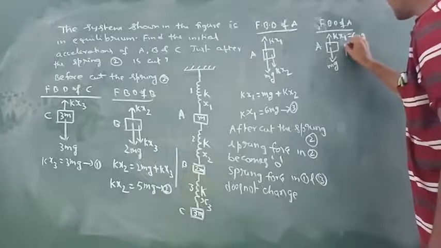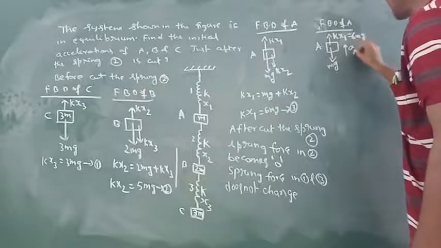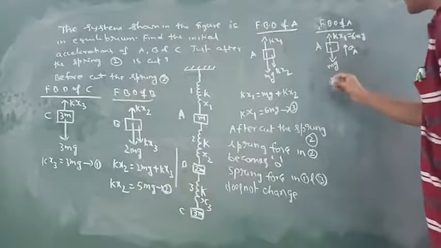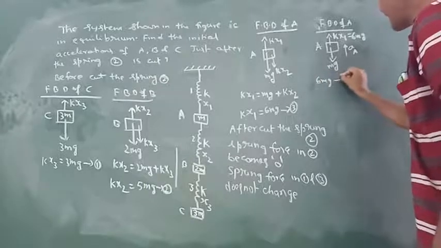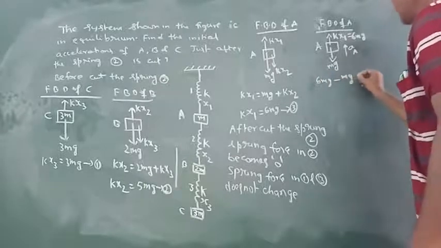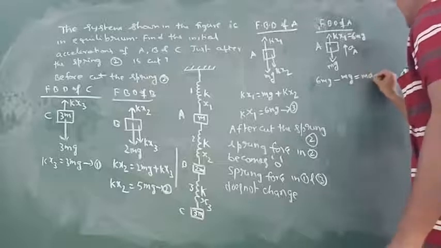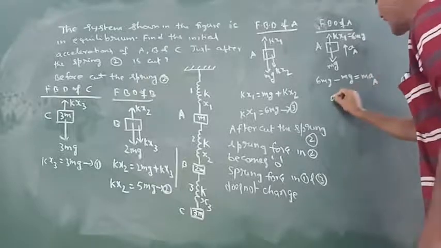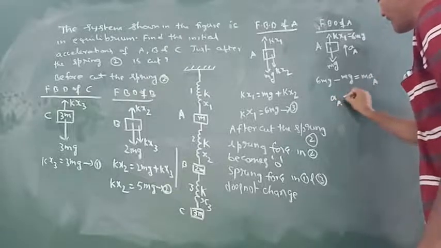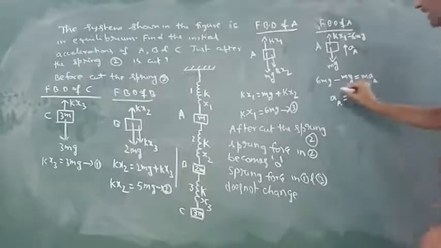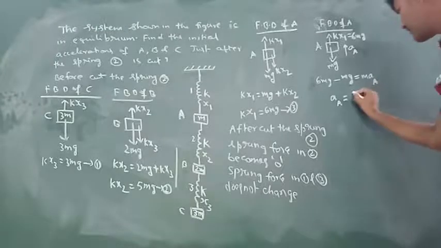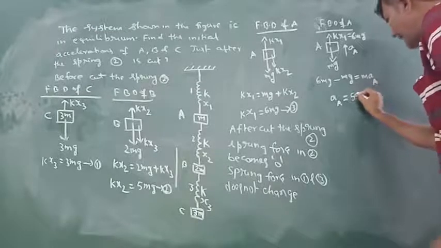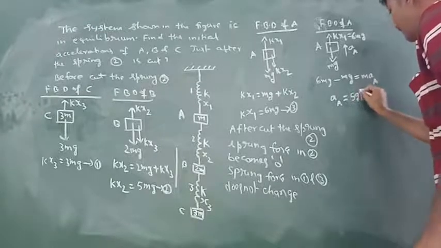Assuming its acceleration in the upward direction is aA, from Newton's second law, 6mg minus mg is equal to m aA. Therefore aA is equal to 5mg by m, that is 5g, in the upward direction.